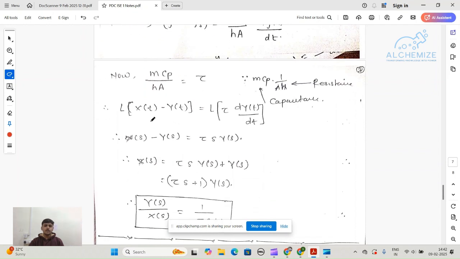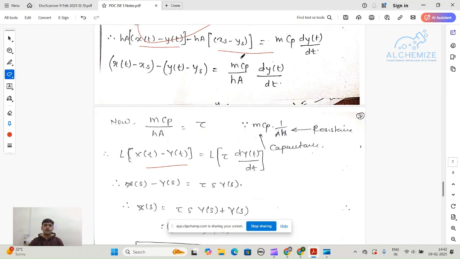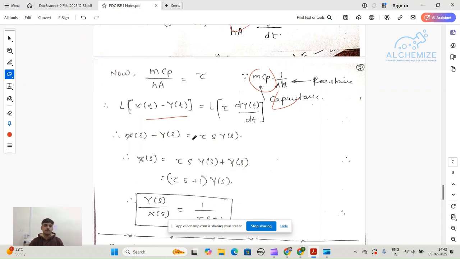So it comes as this, and instead of mcp upon ha, I put tau. Here you can say that m into cp is the capacitance, and a into h is the resistance offered to the system.